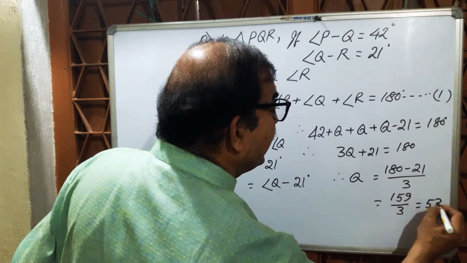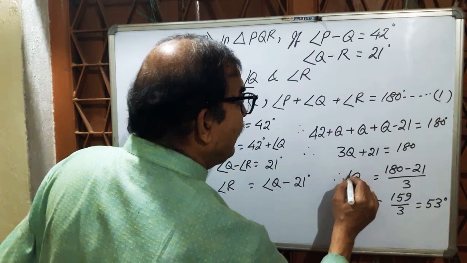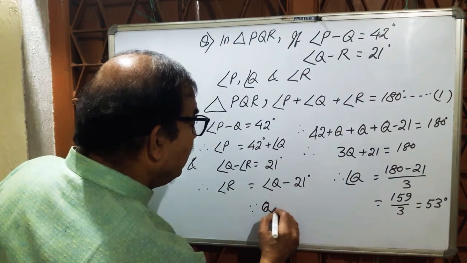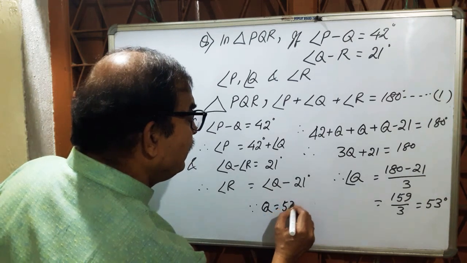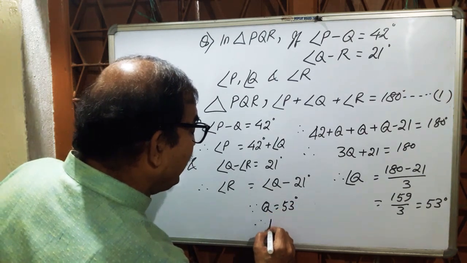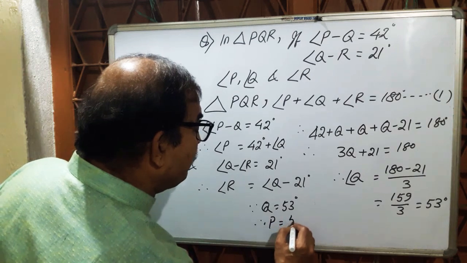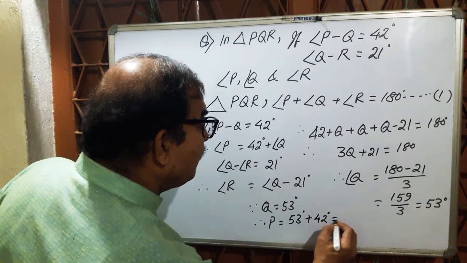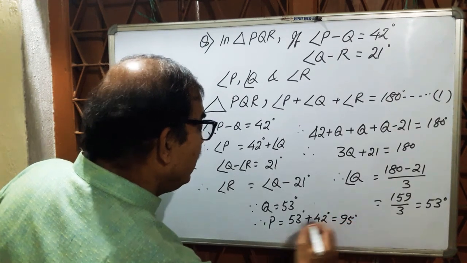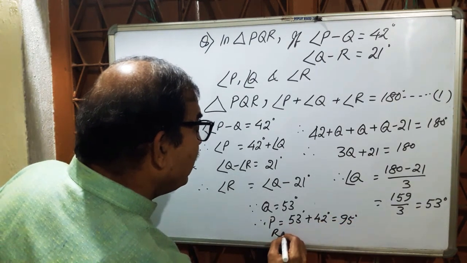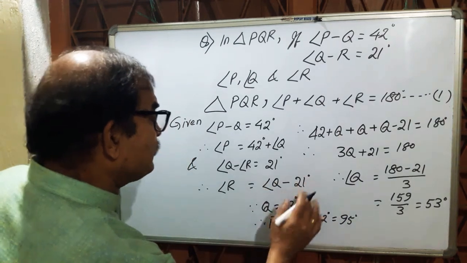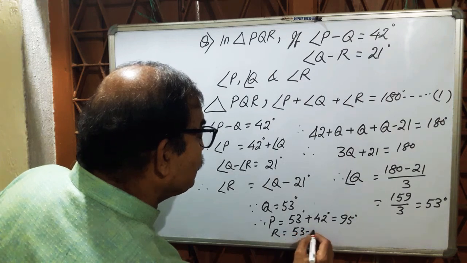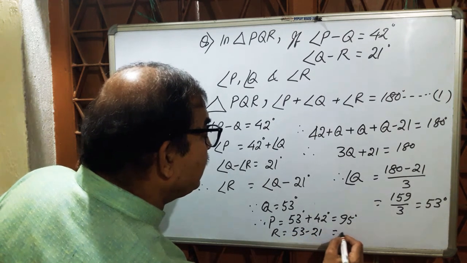degree. When you have got the value of angle Q, when angle Q equal to 53 degree, therefore angle P equal to 53 degree plus 42 degree equal to 95 degree, and angle R equal to Q minus 21, 53 minus 21 equal to 32 degree.